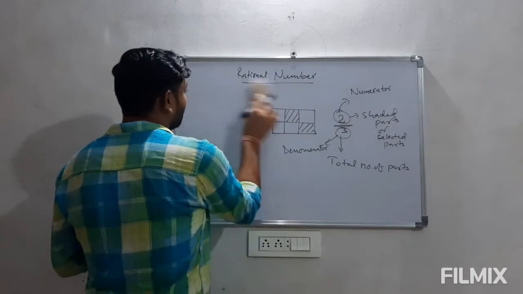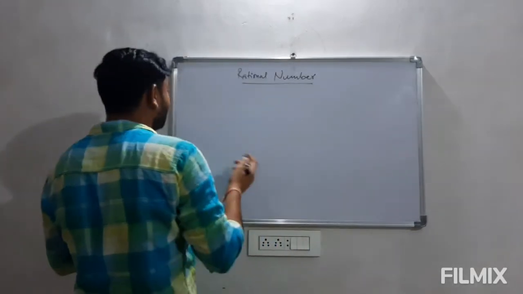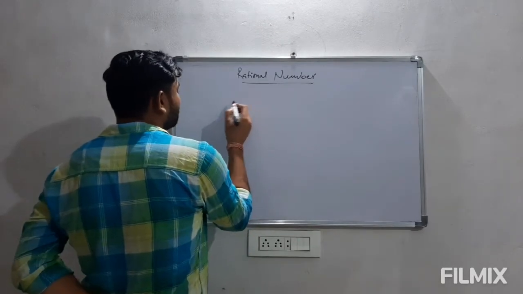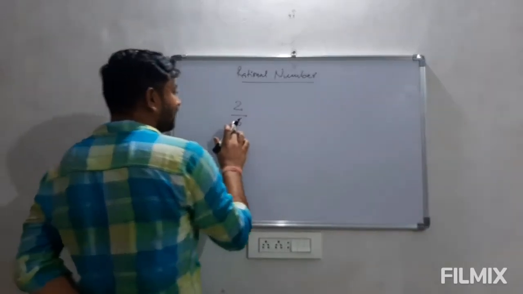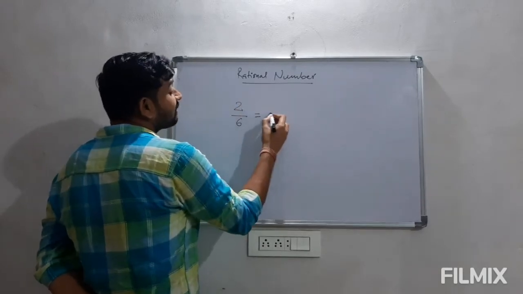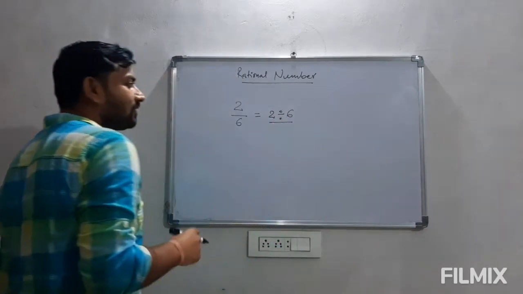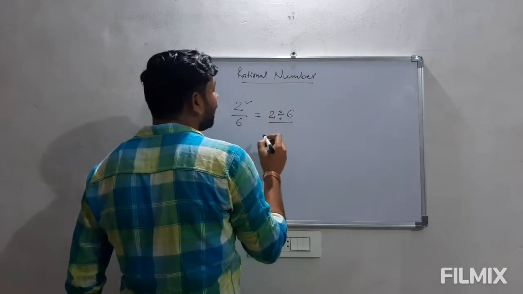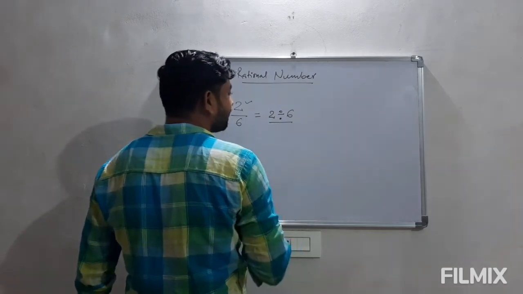Now let us come to the next thing, which is related to fractions only. Suppose we have a fraction like 2 by 6. This is in proper form. Why? Because 2 by 6 is nothing but 2 divided by 6, where we are dividing the numerator by the denominator.